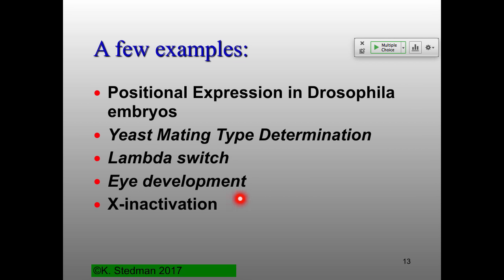And this is just one extremely simple example of how that could work. Just having to do with a simple choice whether the cell after it divides is closer to one end of the organism or the other end of the organism. And because of that, it's going to express one particular regulator or another particular regulator.